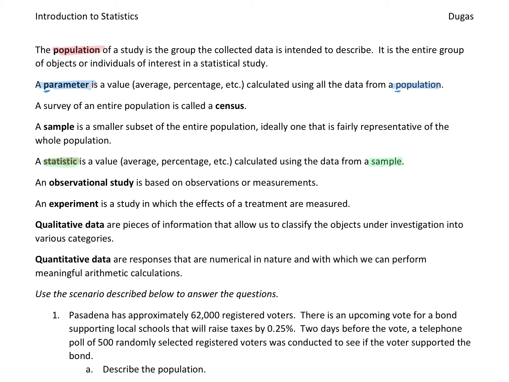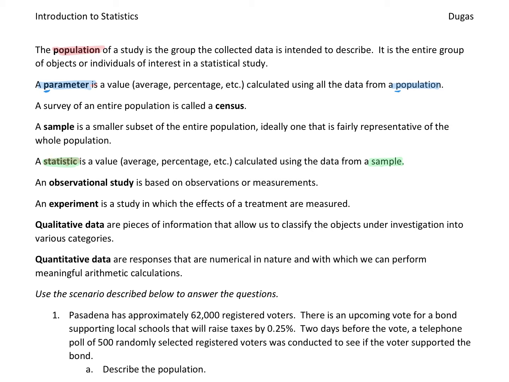You might observe how many redheads enter the corner store. So those are all observational studies. An experiment is a study in which you are testing something. You are putting in a treatment or offering an intervention, and then measuring what happens when you use that treatment or intervention.